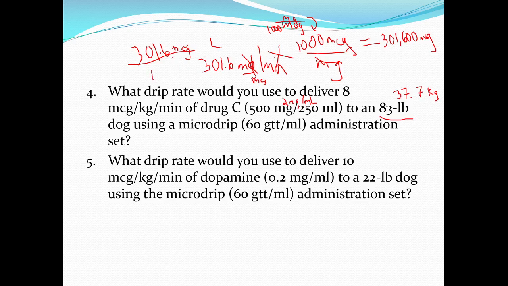So we want to divide by 1,000 because there will be much fewer milligrams than micrograms. So 301.6 divided by 1,000 is 0.3 milligrams.